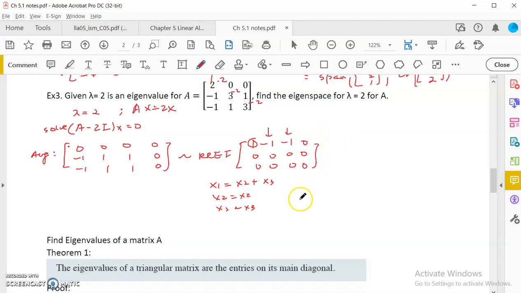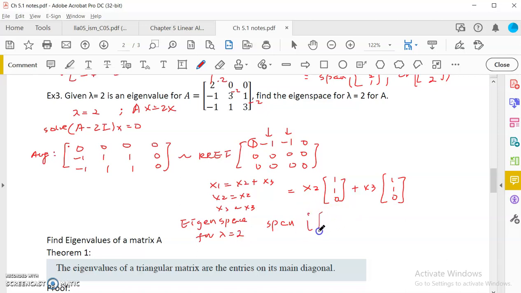So if I'm going to write the eigenspace out, I can say this would become equal to x2 times 1, 1, 0 plus x3 times 1, 1, 0, right? So that means this whole thing is the span of, we can say, the eigenspace for lambda equal to 2 is the span of 1, 1, 0, comma, no, 1, 1, 0, 1.